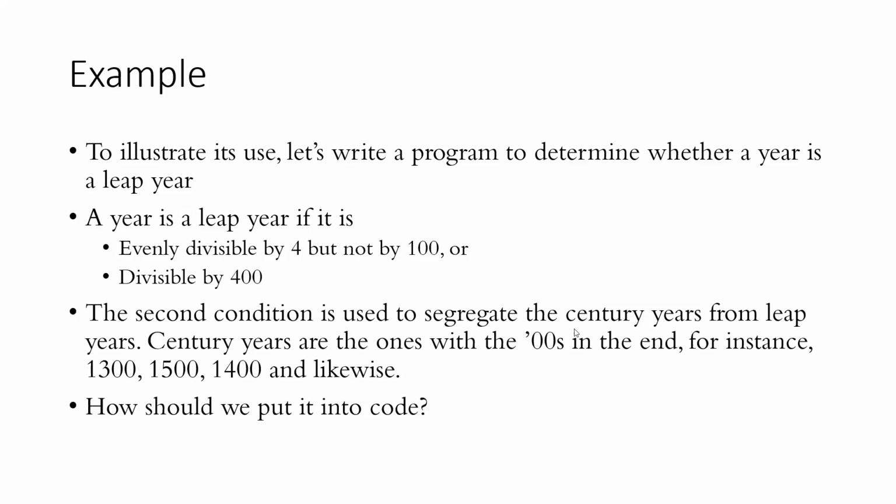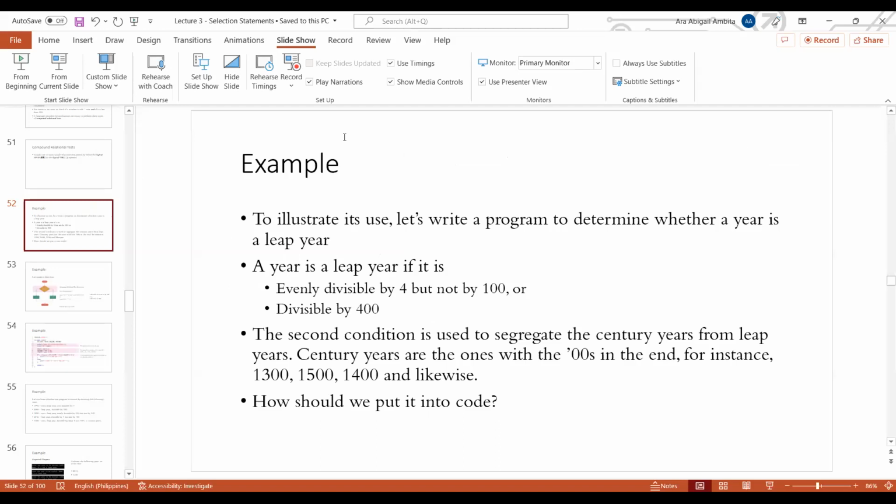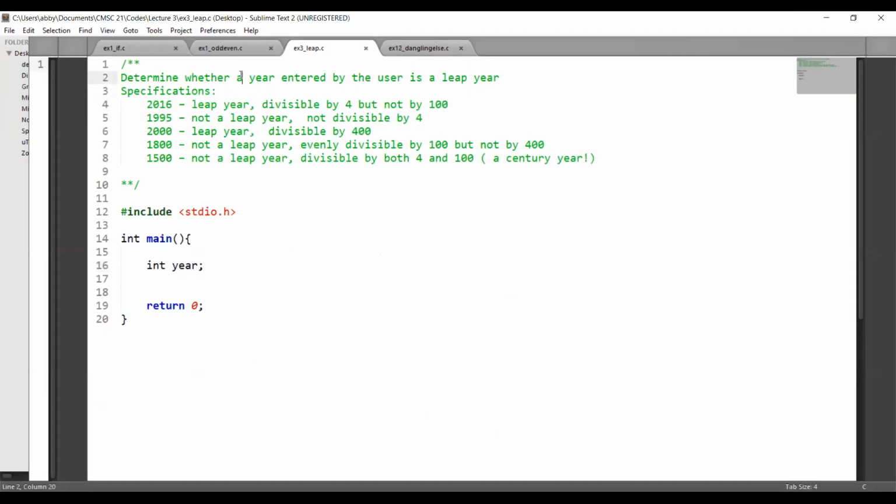So how can we write it into code? Again, we want to determine whether a year entered by the user is a leap year. We first declare a variable year, and then we prompt the user to enter a year. Then we have to scan and store the value entered by the user in the address of the variable year.